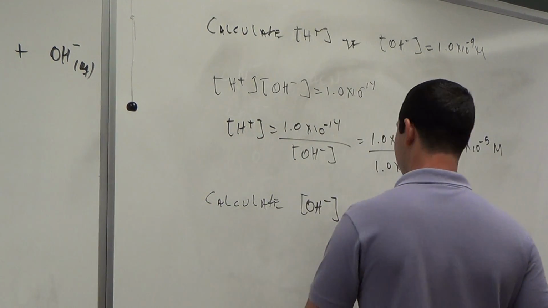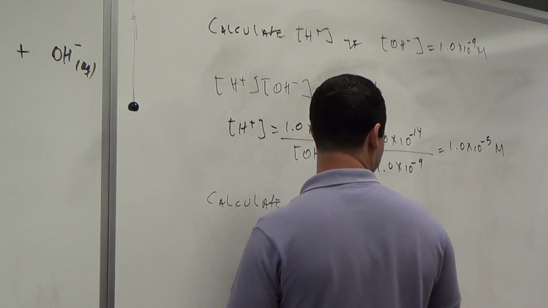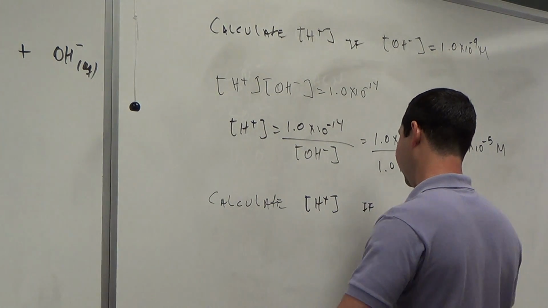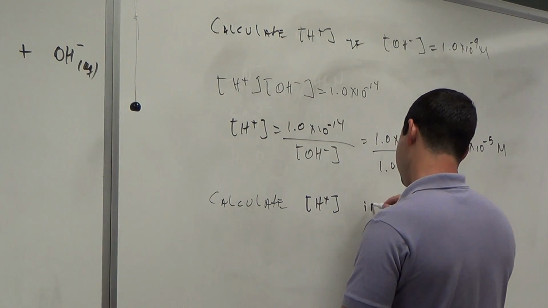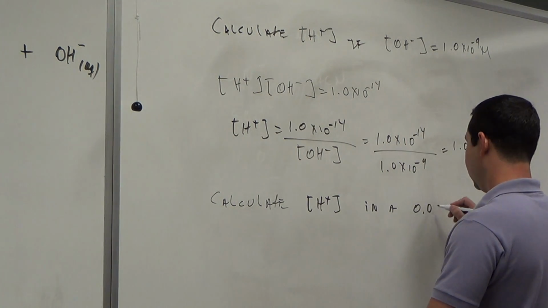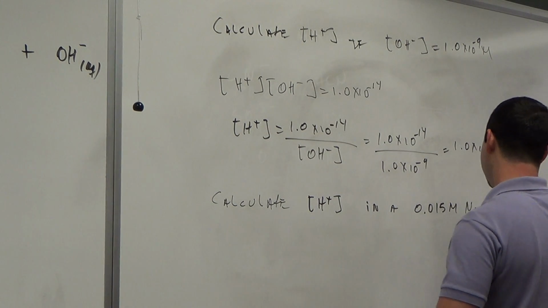So, calculate the concentration of H plus in a 0.015 molarity sodium hydroxide solution.